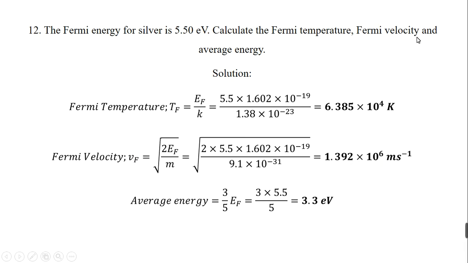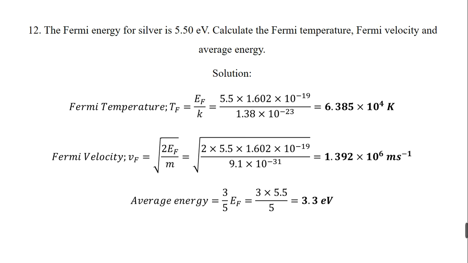Lastly, what we have to find out is the average energy. We have done the derivation: the average energy of an electron is 3 by 5 times the Fermi energy, according to our syllabus. So the average energy formula is a direct formula, 3 by 5 EF. Now the EF value is known, so no need of doing a conversion here. If you convert, you will get it in joules, and again you have to go back to eV.